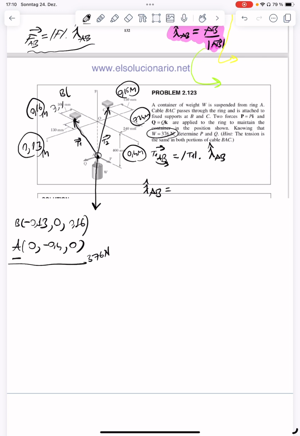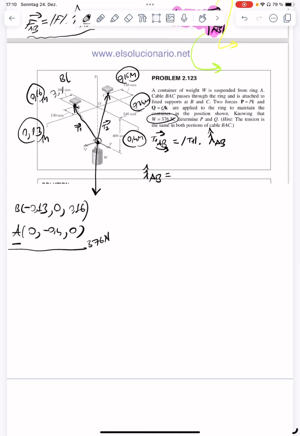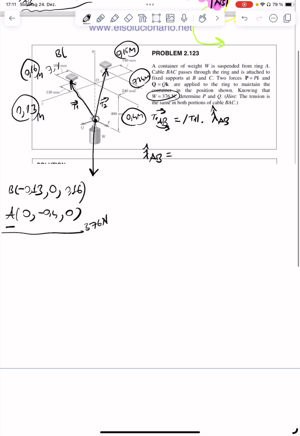From A to B, we must do B minus A. You must understand the equations here.